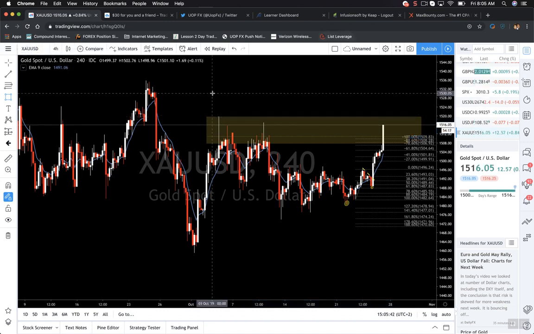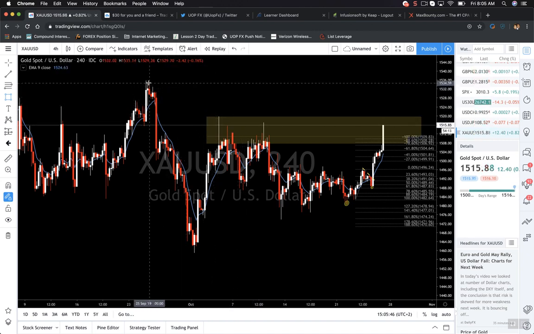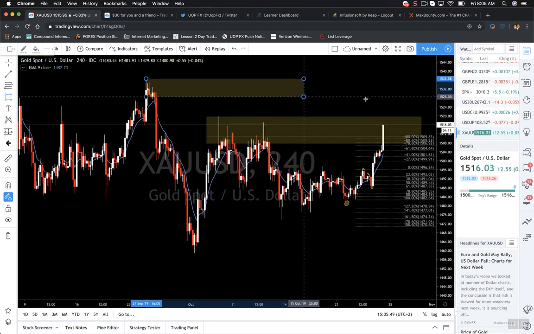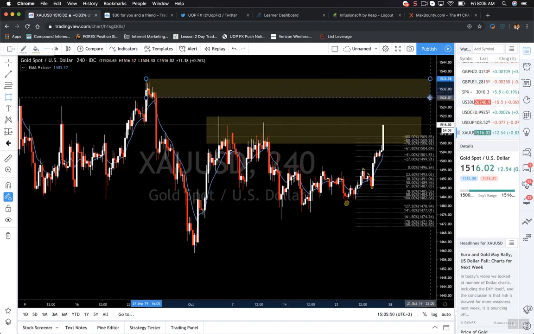Once it surpasses that wick situation, I'm looking for it to possibly go here. This is your next strong area, from here to here, so from 28 to 36. And if it comes through that, then it's probably going to go to the negative 618 extension.